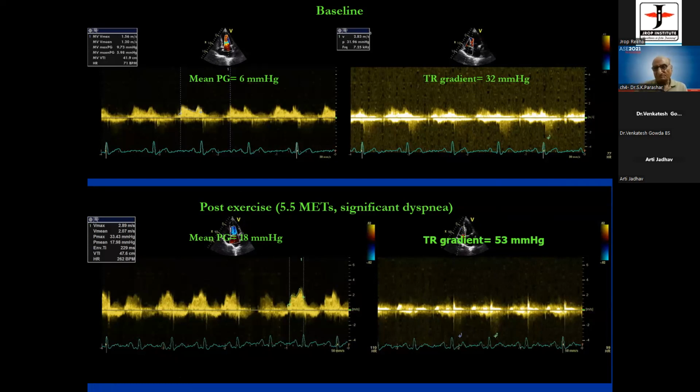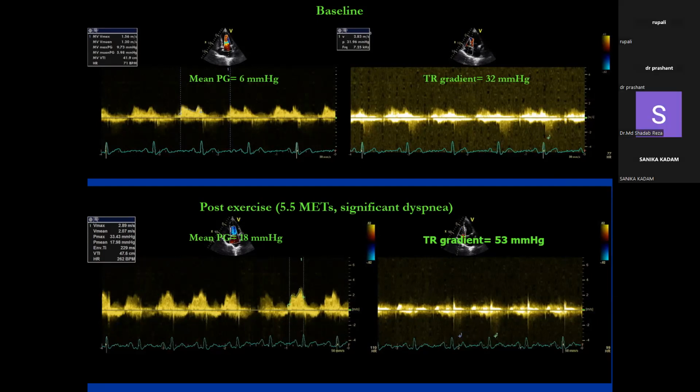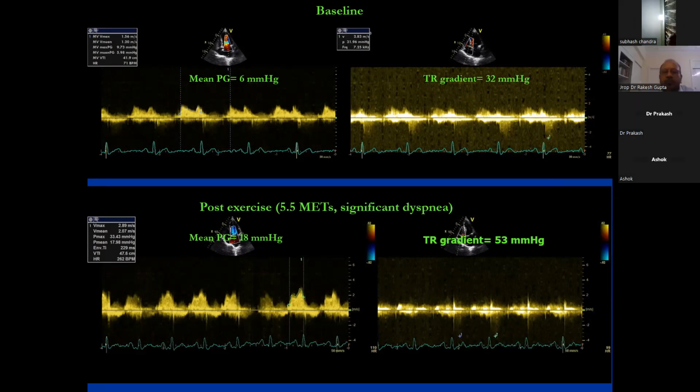Now, remember, once you have exercised the patient, the heart rate increases. When the heart rate increases, you cannot see the various slopes, you cannot do anything. So what we do, we go on recording, and in the first half minute or 1 minute, we look for any wall motion abnormality.